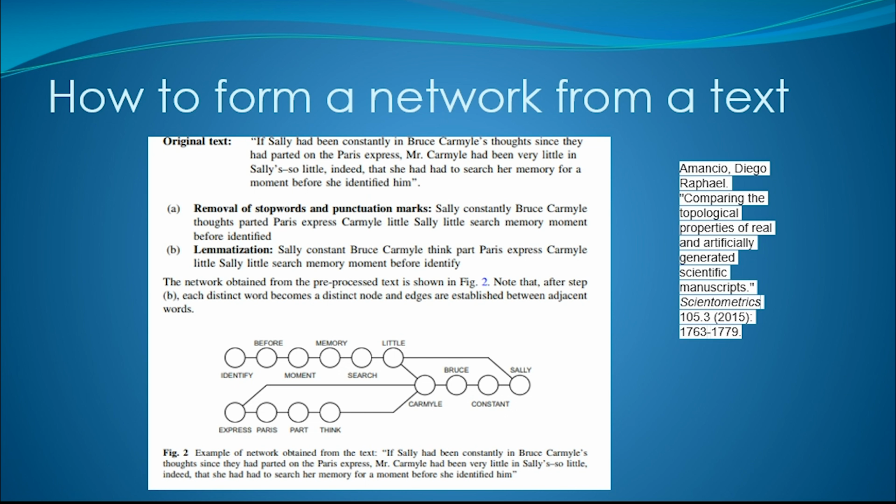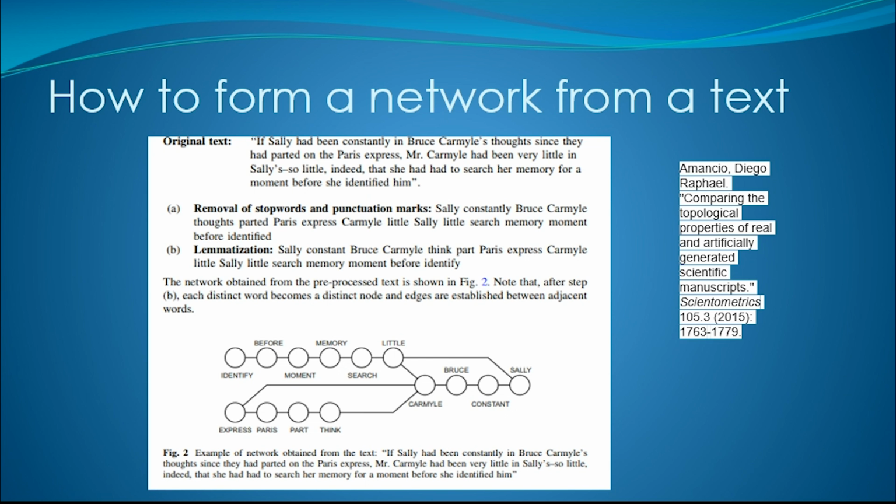So consider the text: If Sally has been constantly in Bruce Carmel's thoughts since they parted at the Paris Express, Mr. Carnell had been very little in Sally's, so little indeed that she had to search her memory for a moment before he was identified. So this is just a text.